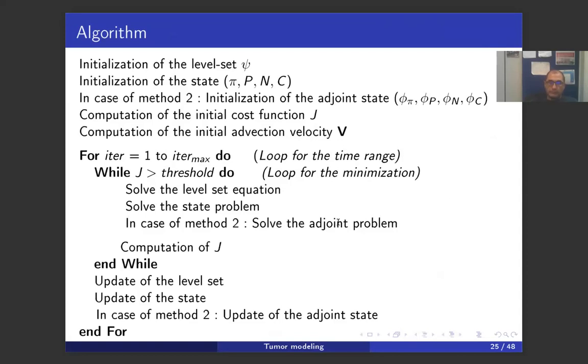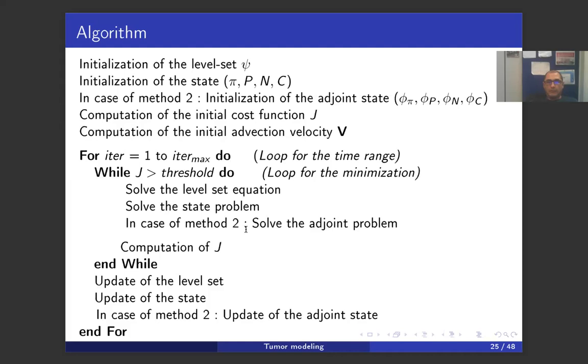And then we can initialize a cost function and we can compute a first advection velocity. And then we iterate in time and in the minimization loop.